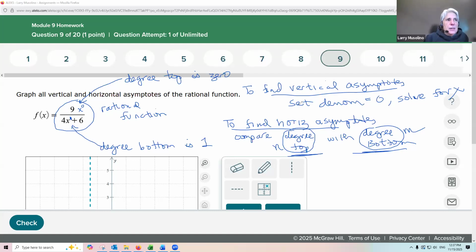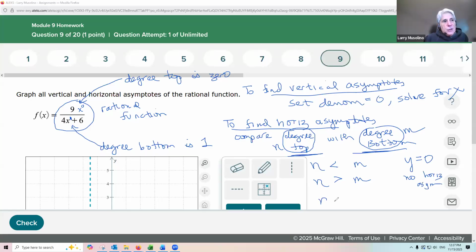All right, here is this table I want to show you. If the degree on top, n, is less than m, then y equals 0 is the horizontal asymptote. If the degree on top is greater than m, the degree on the bottom, then there's no horizontal asymptote at all.